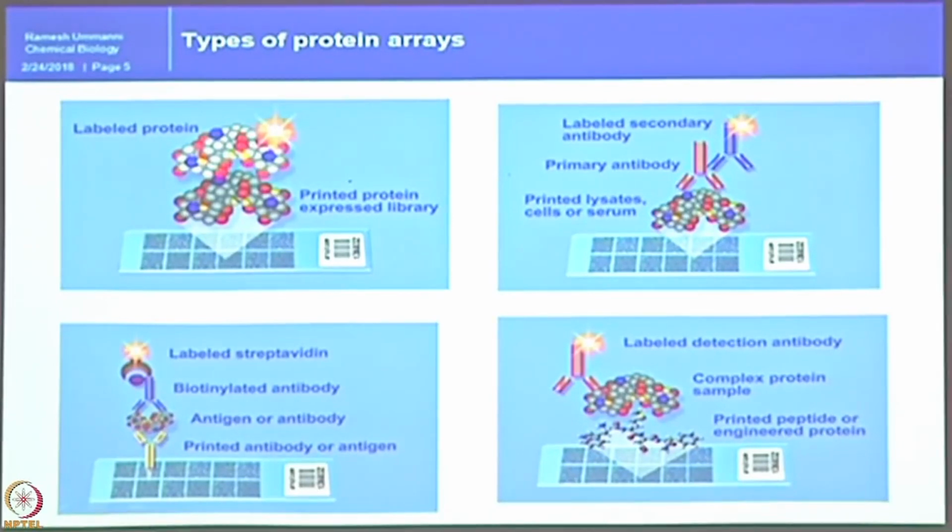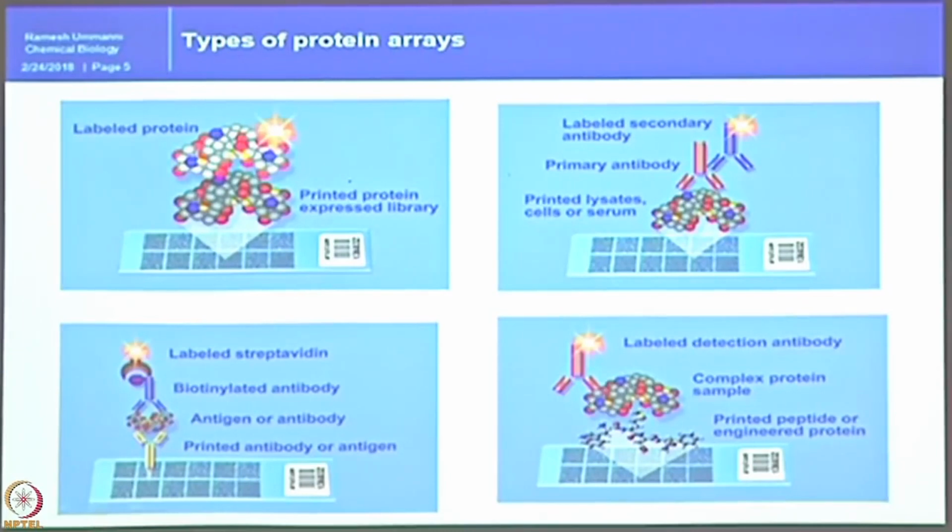When you wash, the other proteins get washed away and those bound remain on the glass slide, and you can visualize them. So the labeled protein X bound to protein Y on the glass slide means they are interacting with each other. Then you can proceed to see whether this interaction has any physiological relevance in a disease state or non-disease state.